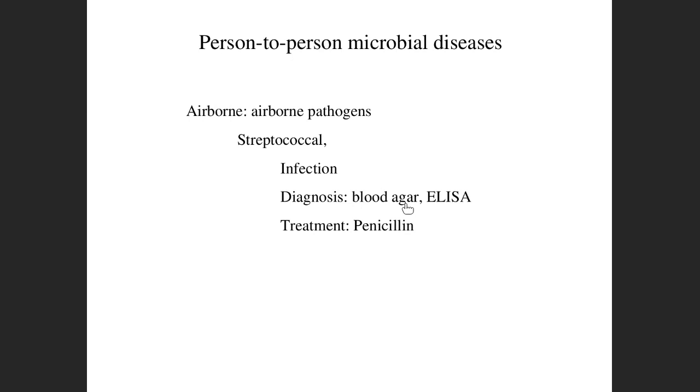A streptococcus that produces hemolysin is most often more pathogenic. We can also use what's called the ELISA assay, an antibody-mediated detection tool to detect whether it's a streptococcus infection.